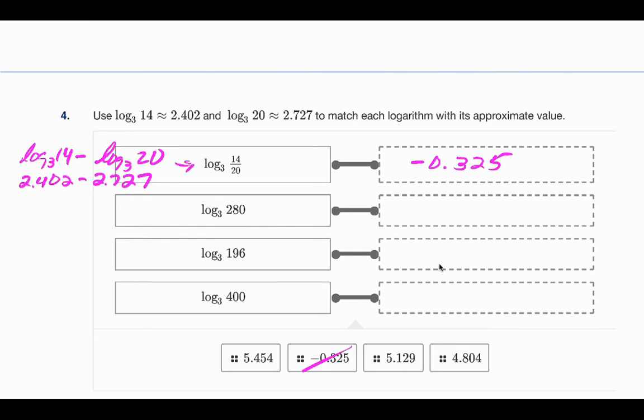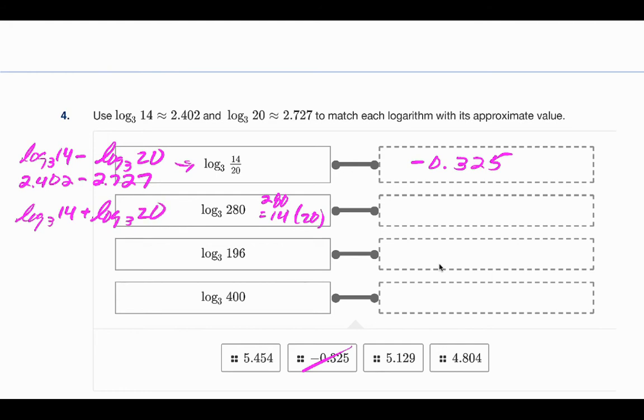Log to the base 3 of 280. Well, you should know that 280 is equal to 14 times 20. All right. So now on that one there, we can write this as log to the base 3 of 14 plus log to the base 3 of 20.